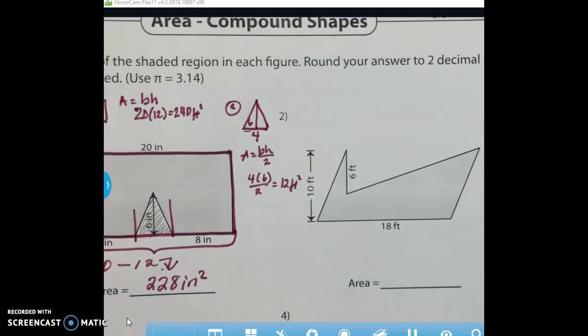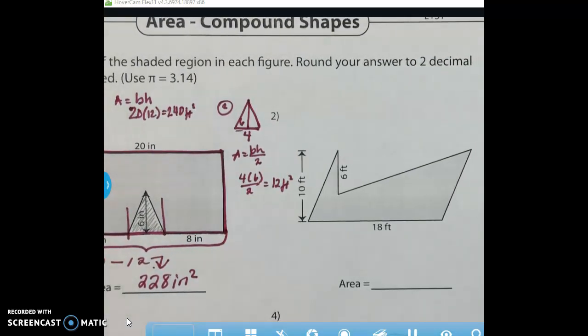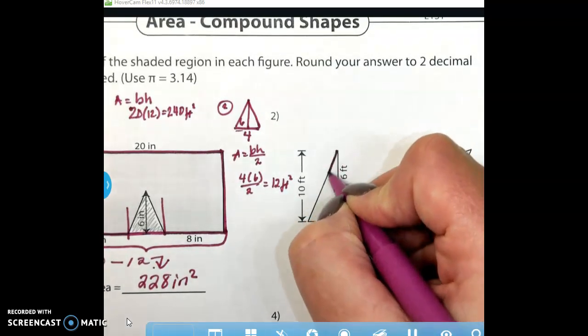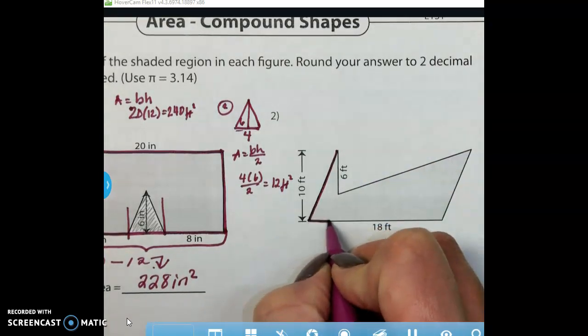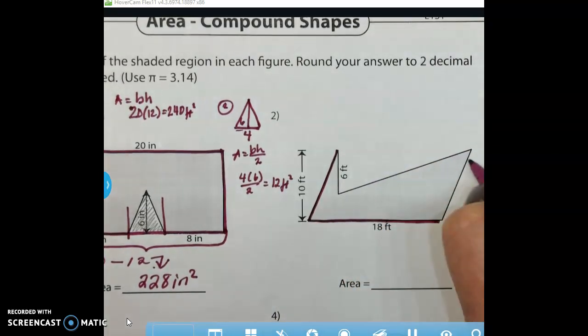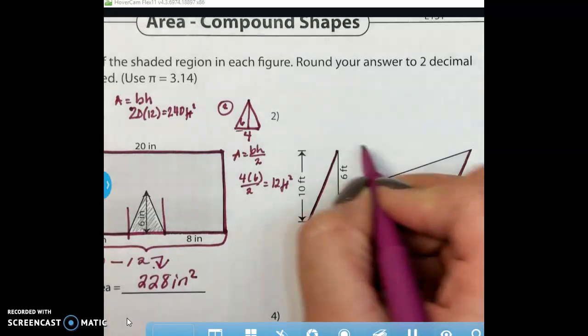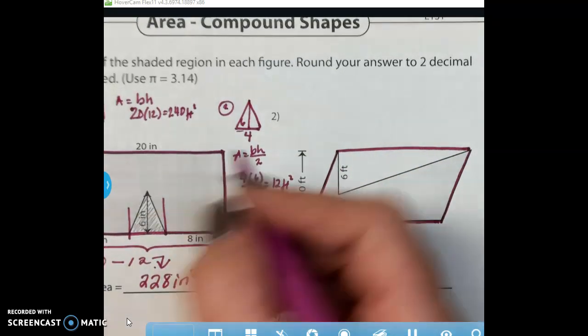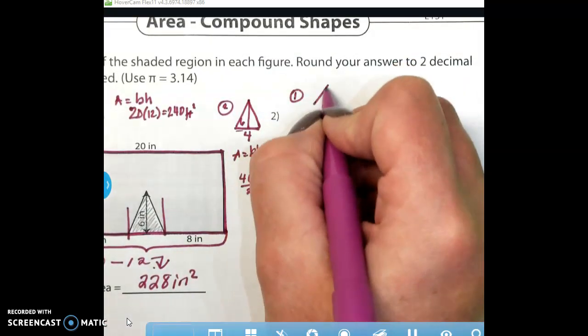Question 2. Love the shape and love the simplicity of it. Look what we have. I'm going to start by identifying what I had in the very beginning. And it was a parallelogram.